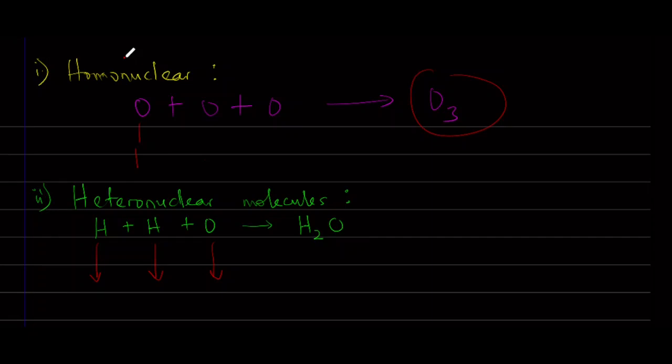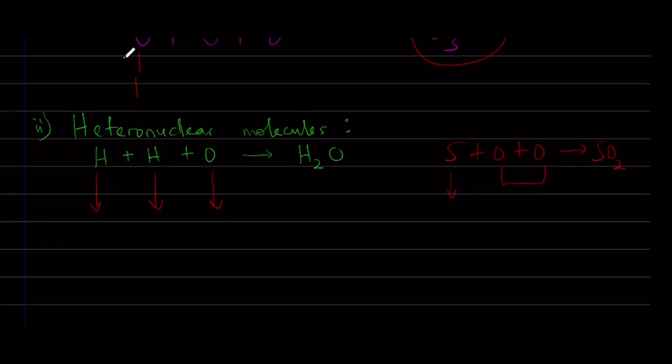Another example is having sulfur plus oxygen plus oxygen, and that gives us SO2. SO2 is a molecule that is formed by 1 atom of sulfur and 2 atoms of oxygen. Let's take a look at the last example, when we have carbon plus oxygen, and that will give us CO2.